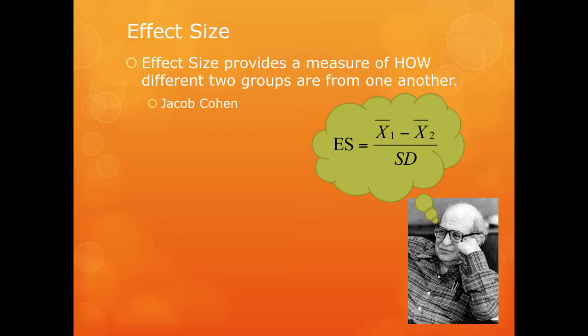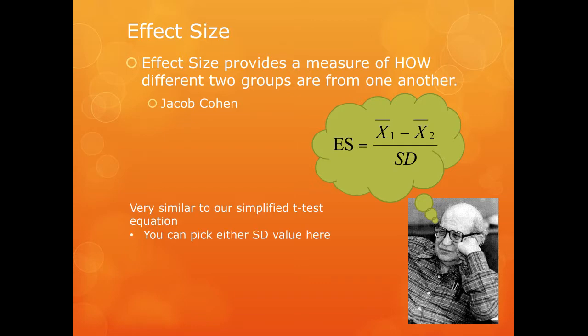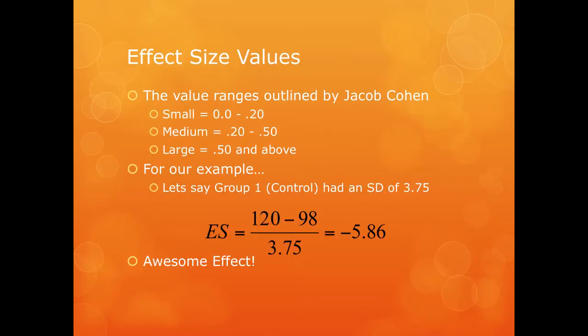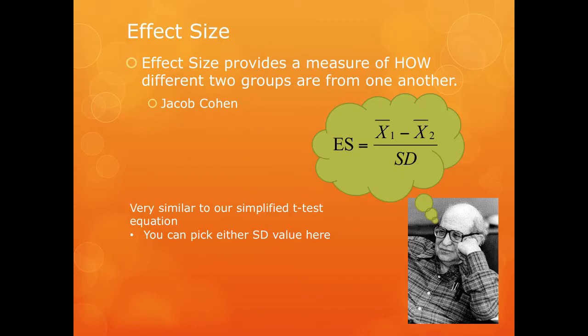And this is Mr. Jacob Cohen, who actually invented the effect size, or Cohen's d, as some of you might have heard it. All it is, you take the sample mean of one group, you subtract the other one, and you divide that by the standard deviation.